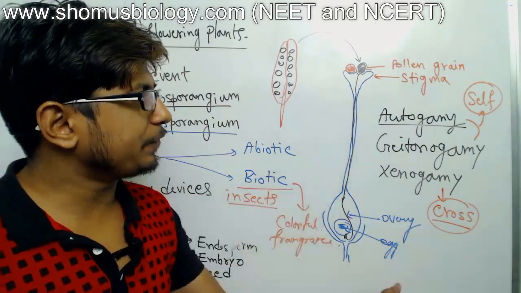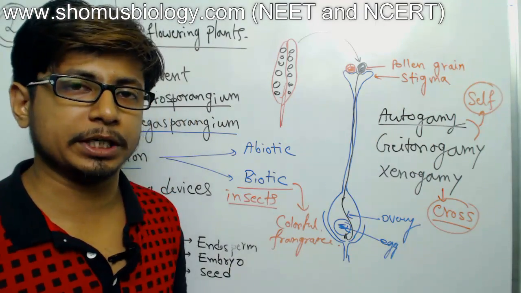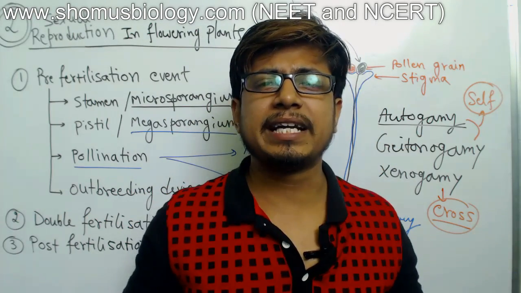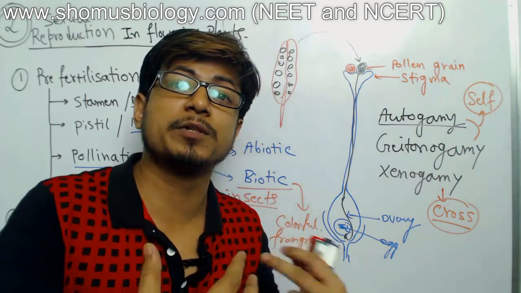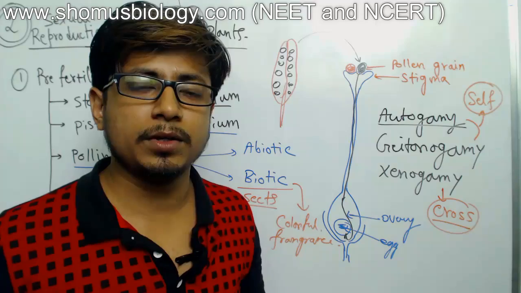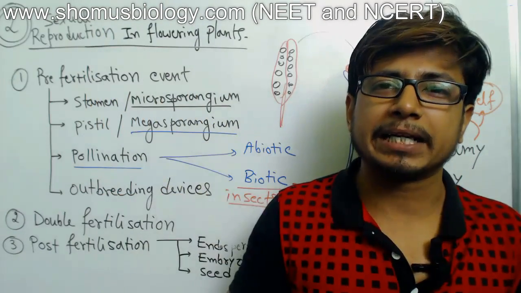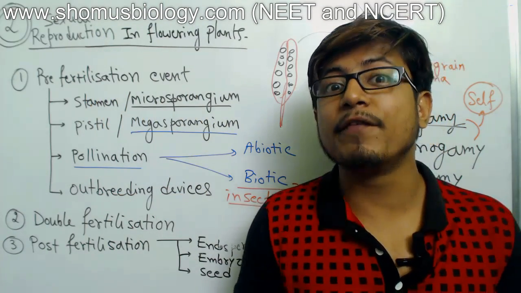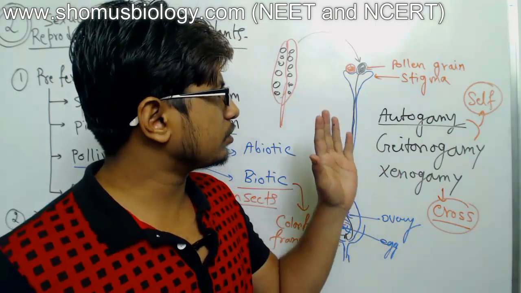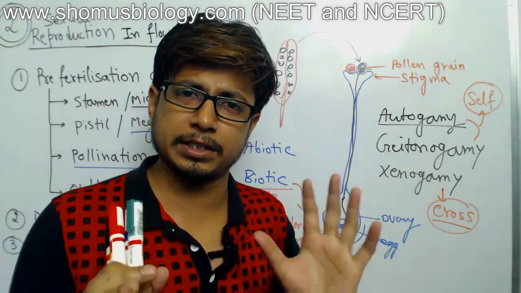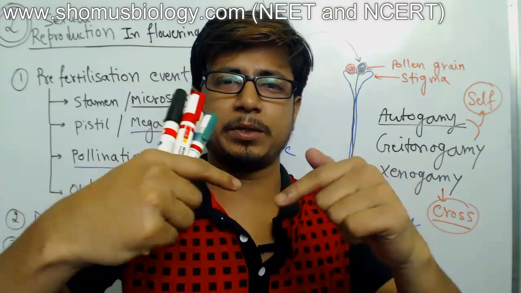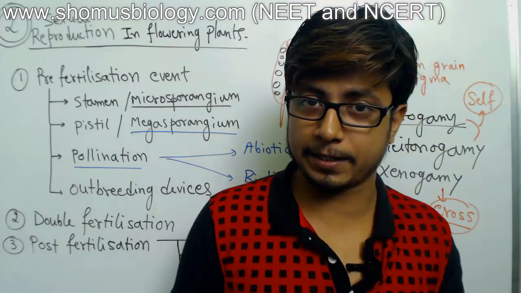Now what is the difference between self pollination and cross pollination? Because in self pollination it's not that unique. Cross pollination is much better in terms of genetic variability, because in self pollination, what happens is between the same plant, so the chance to generate variety is very less, because whatever structure or whatever chromosomes are present in the nucleus will remain as it is, because we are doing the cross between the same flower of the same plant, right?